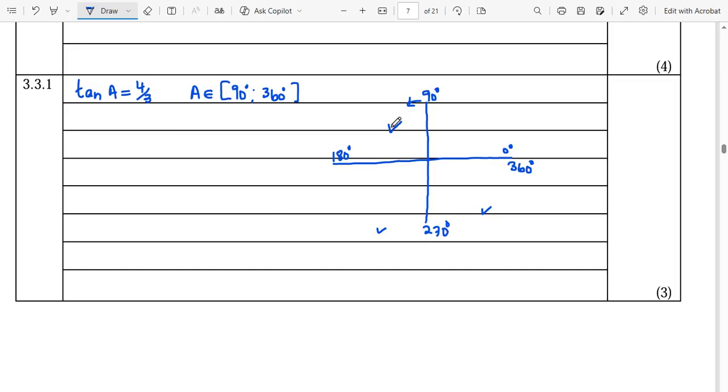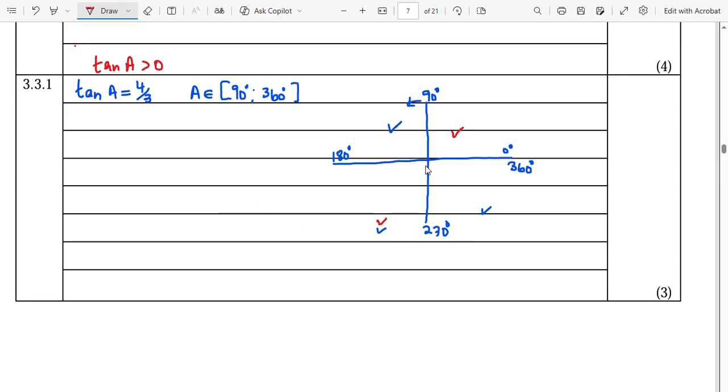So it will be quadrant 2, quadrant 3, quadrant 4, but not quadrant 1. Then the tan A is greater than 0, meaning it is positive. We need the quadrants where tan is positive, so the quadrant that has 2 ticks is where you need to draw your diagram.